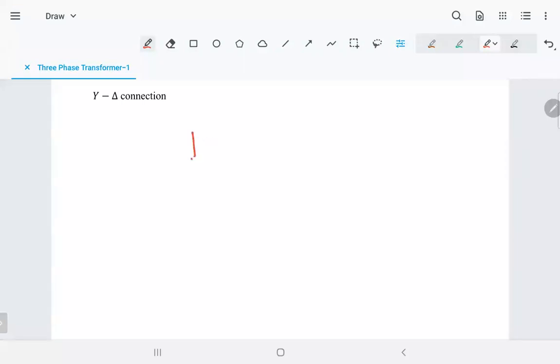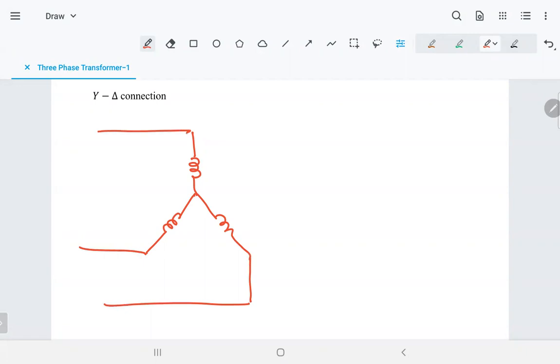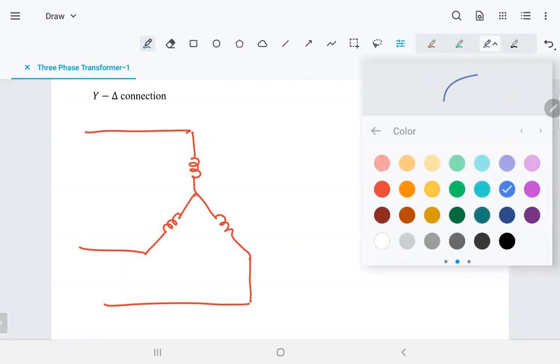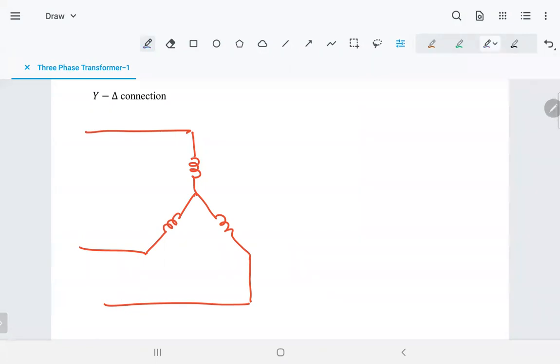Let's say this is Y on the primary, and on the secondary, let's say we're having delta. Intentionally, I'm going to sketch it like that, and I'll tell you why. So it's delta, still delta.